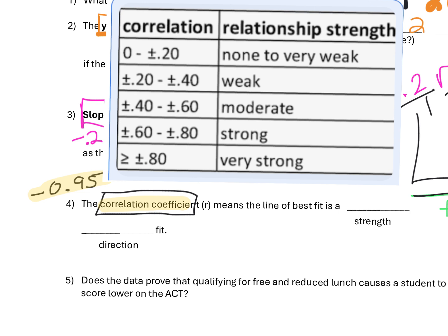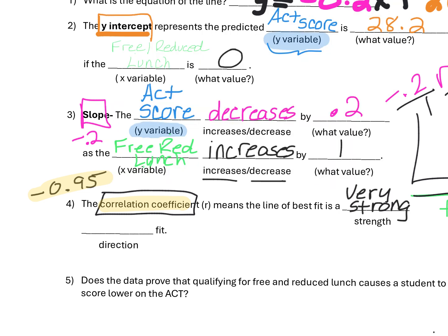To figure out the strength, I'm going to refer back to the table we got when we learned about correlation coefficients. I see from my table that anything greater than 0.80 is very strong. So 0.95 is greater than 0.80. So this is going to be very strong, and the direction is negative because it's a negative 0.95.